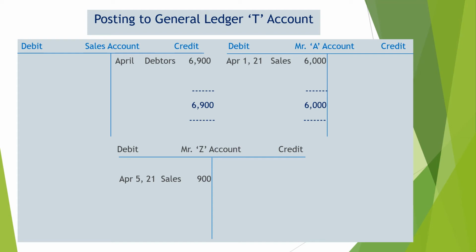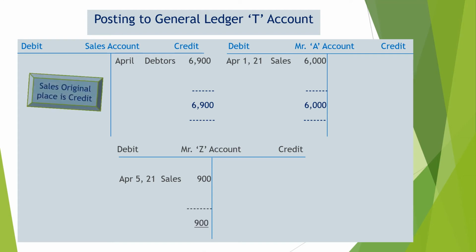You can see the balance of these three accounts. The sales balance until now is that sales have been made for $6,900. The debtor A's balance is $6,000, and Mr. Z's balance is 900.